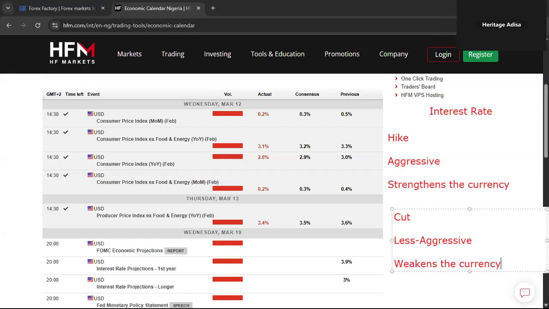So once again, why is inflation important in trading? Inflation is so important in the Forex market because inflation is a key data that the central bank will look to decide if they are going to cut or hike interest rate. And this gives us a trading opportunity because if they decide to hike interest rate, we understand that that simple action is going to strengthen the currency.